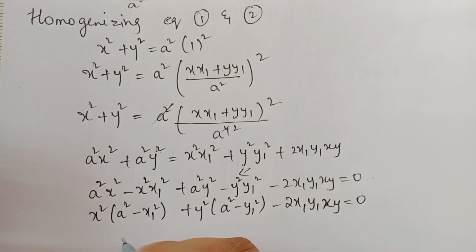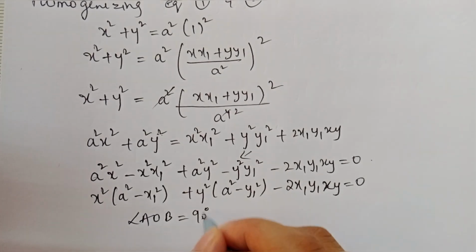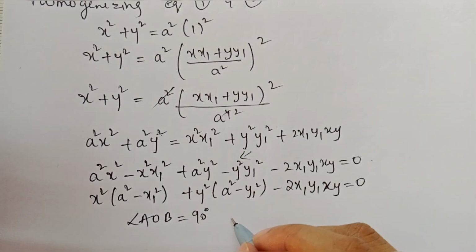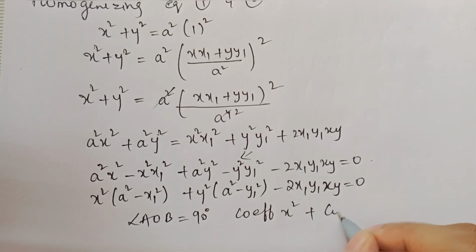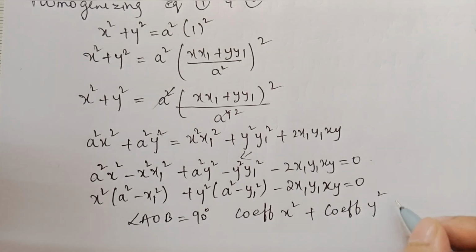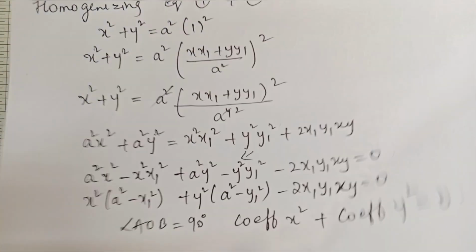It is given that angle AOB is equal to 90 degrees. So it is perpendicular. So the condition will be coefficient of x square plus coefficient of y square equals 0, right? This will be our condition.